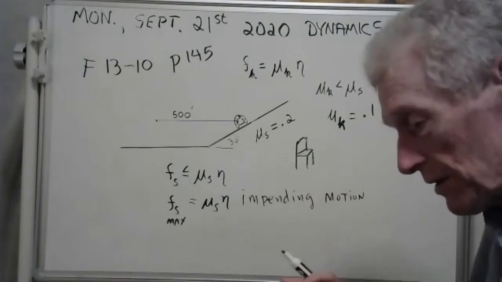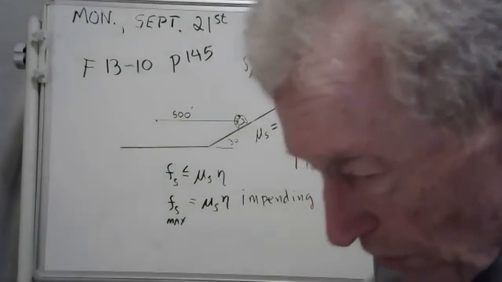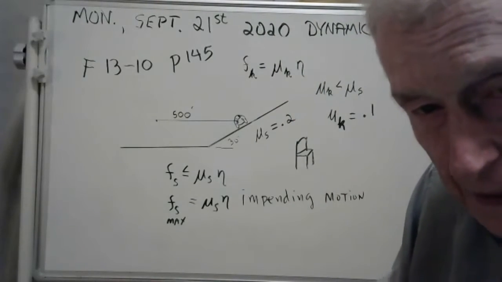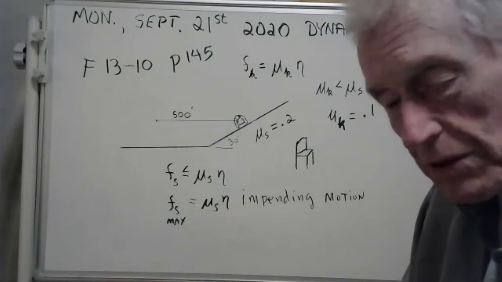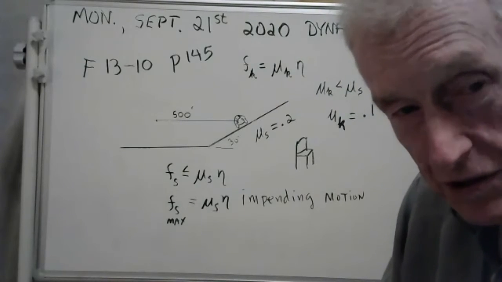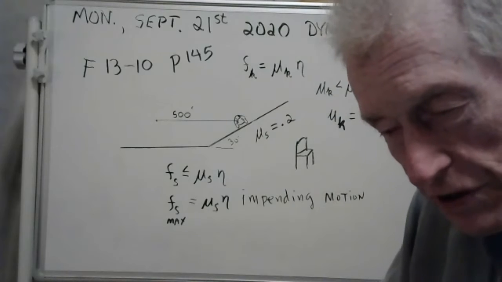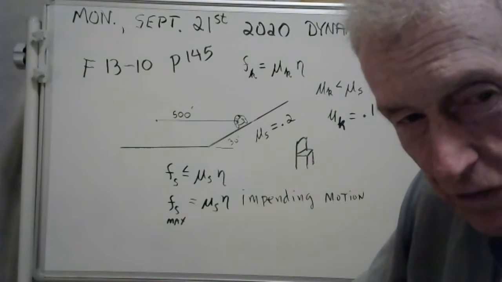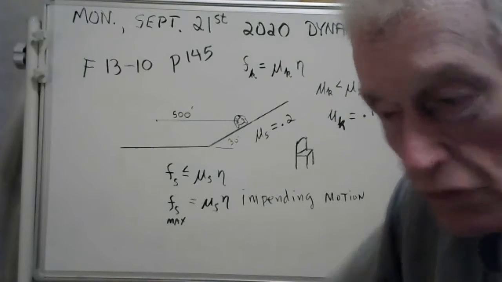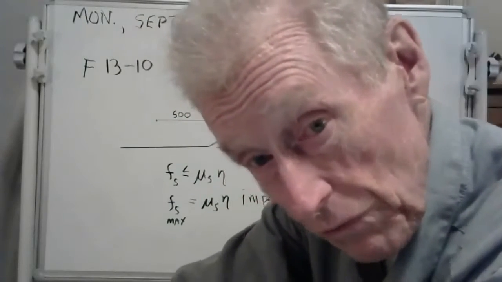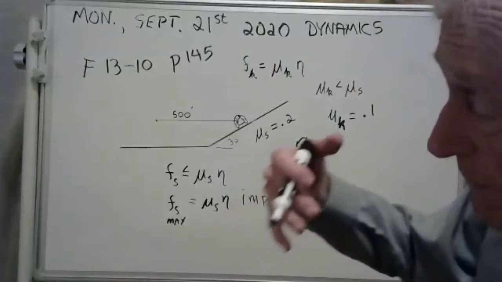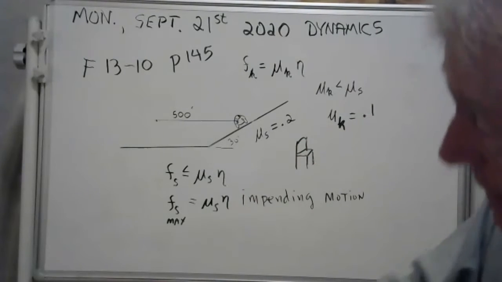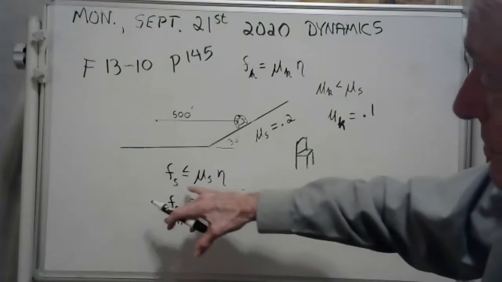And just grab it and gently push. Well, it won't go anyplace if you push very, very gently. And now increase the push, not much, but just a little bit, and it still won't go anyplace. But if you continue to give it just a little more pressure, increase your force on that chair gently, oh, then it will move. You have just gone from impending motion to motion, and you have gone from static friction.